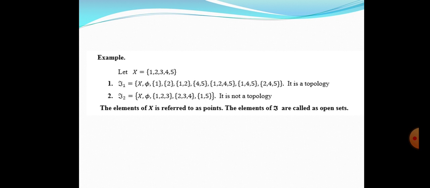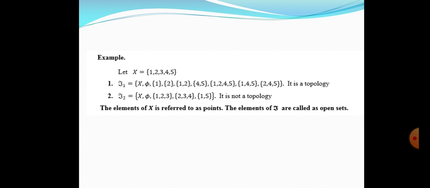You have to take the union of these two sets. The union of {1, 2, 3} and {2, 3, 4} equals {1, 2, 3, 4}. But that set is not there in tau 2. So it is not a topology.